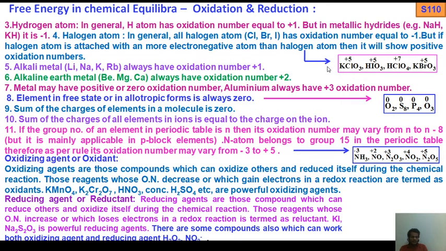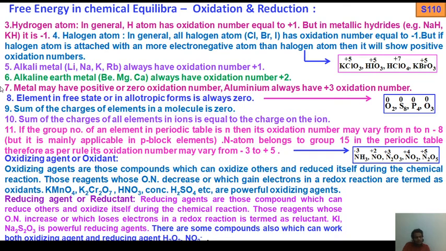Alkali metal +1, alkaline earth metal +2. We should follow these rules to find the oxidation number of any particular element. If neutral molecule, the total sum of the charge will be 0. If anionic species, it equals the minus charge. If cationic species, it equals the plus charge.